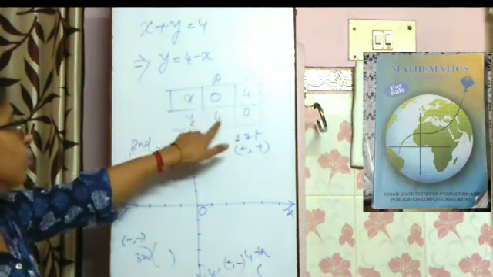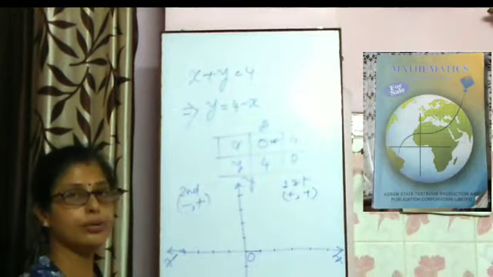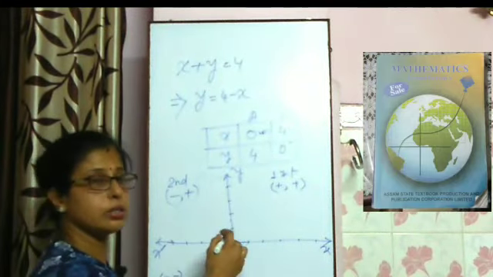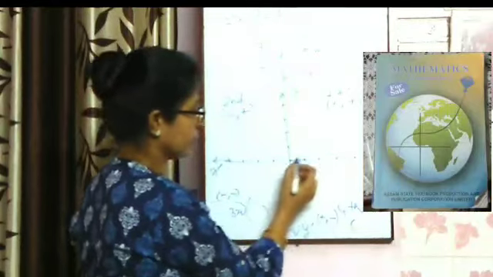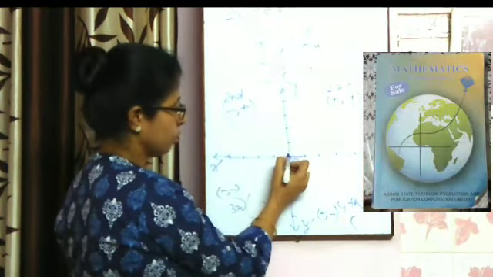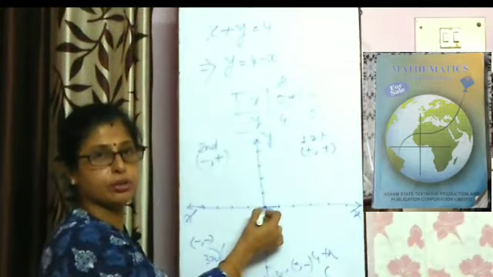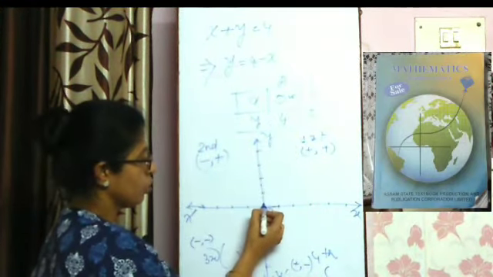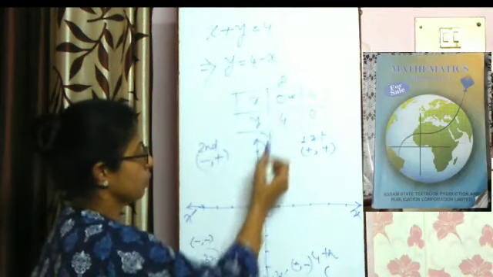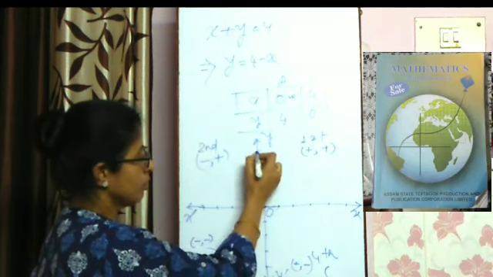Now for plotting this point, first of all you have to place the x value. As it is 0, we do not move anywhere. We will stand on that point only. Now for y, you go in the upward direction because it is positive y. Positive 4: 1, 2, 3, 4.